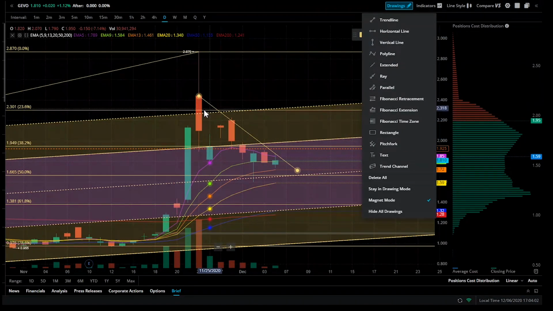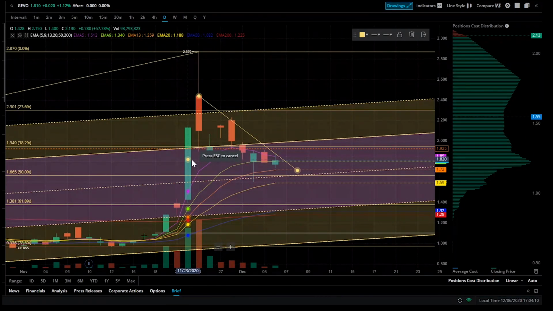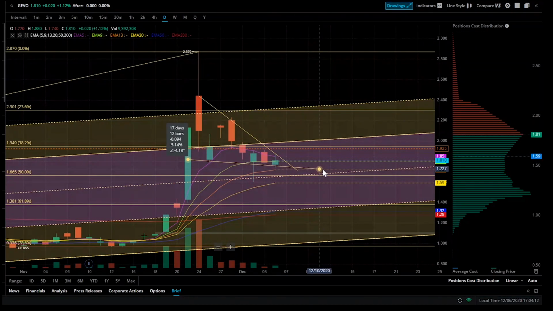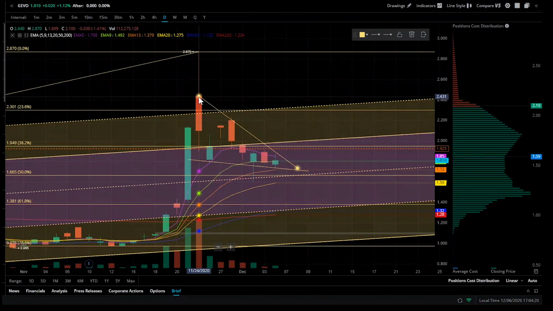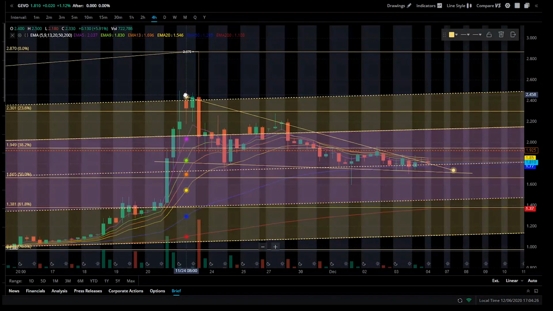This is a full day of variations, ups and downs, and we will fix it as we go to lower time frames. So let's put it this way, and let's go to the 4 hours to fix this one. If we go here, we can see something like this.